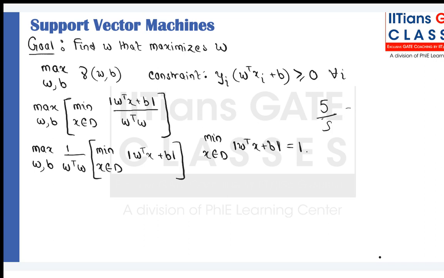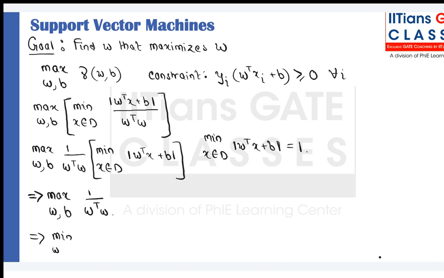So I'm rescaling. Now my problem becomes very simple: I just have to maximize over W comma B, 1 by root over W transpose W, because the minimum of W transpose X plus B over X in D is 1. And maximizing 1 by X is nothing but minimizing X, right?